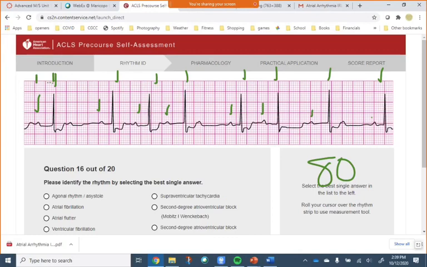We've got 1, 2, 3, 4, 5, 6, 7, 8. One, 2, 3, 4, 5, 6, 7. But we just said if we don't have any dropped beats, it's either a first or a third, right? 1, 2, 3, 4, 5, 6. 6.5.